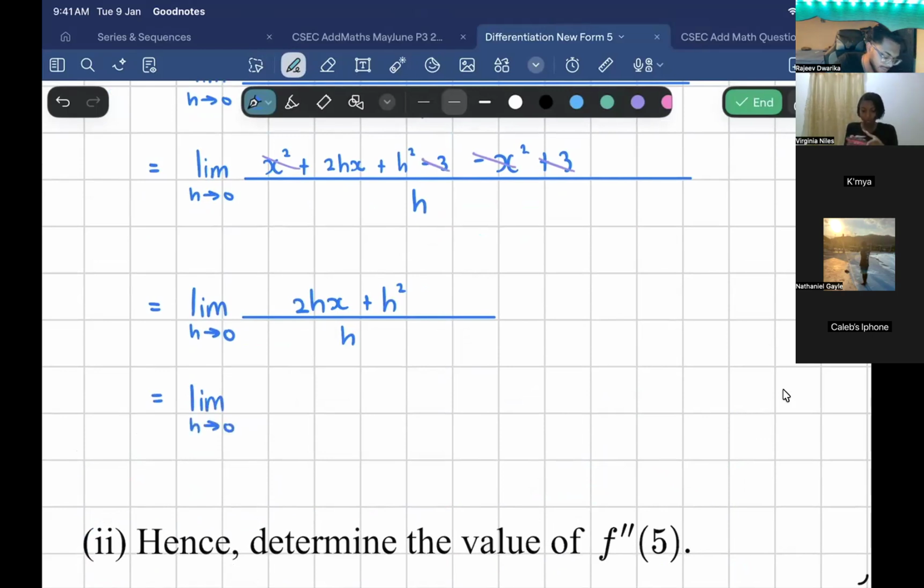No, you can't just cancel off the h like a madman. You have to take your time. It would just be h, it wouldn't be h squared. And you know what this will turn into? 2x. Now, just to make it a bit formal, you see that h over here and that h over here, so I could factor out.